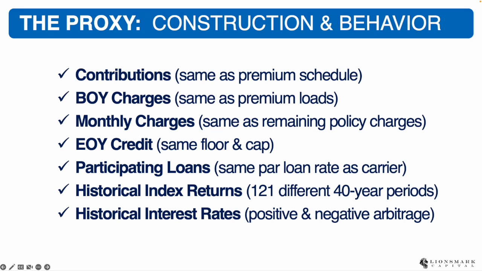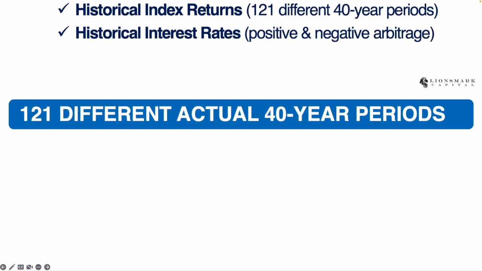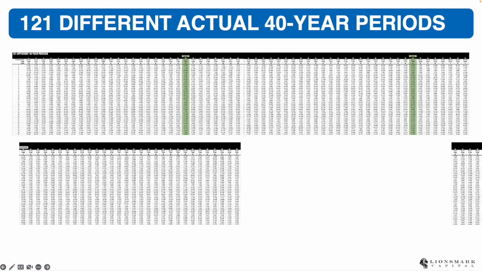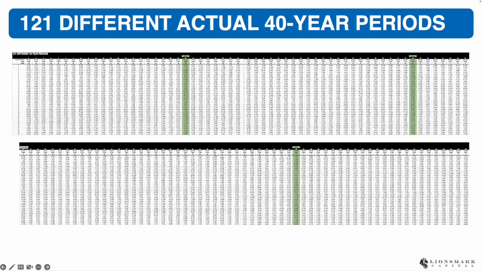Well, when we go back and show historical returns and historical interest rates, in some years there was a positive arbitrage between the two, and in some years there was a negative arbitrage. What our backtesting software does is show the client how that relationship works and how it has worked over time.